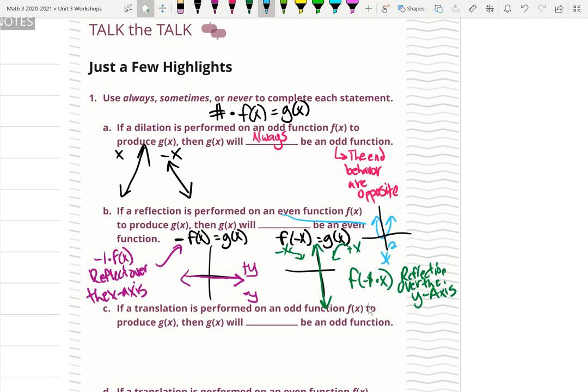So let's go ahead and reflect this quadratic. It's concave down. Over this, I reflect it, and it's going to be exactly the same because it's symmetrical. Remember, even functions have the same end behavior.